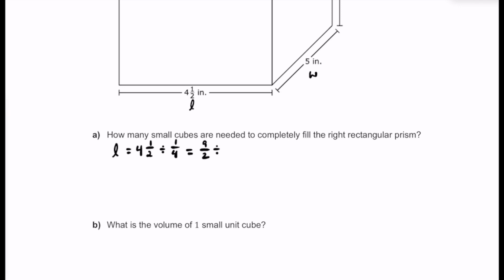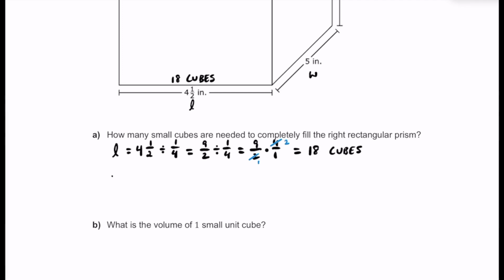And if we divide 9/2 by 1/4, that's the same thing as 9/2 times 4/1. We can simplify the 2 and 4 right now, divide them both by 2, and we're going to say that this is going to be 18 little cubes that can fit across here, right? So we can say there's 18 cubes that can fit across this length here.